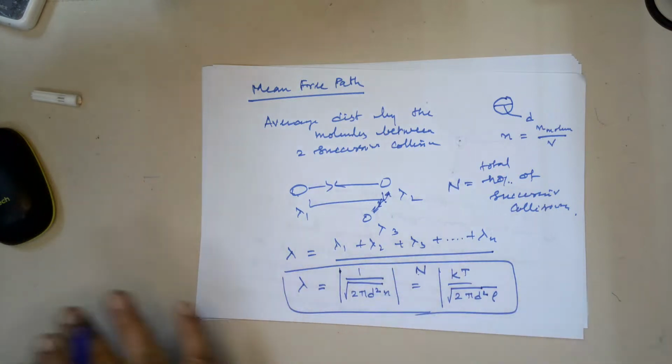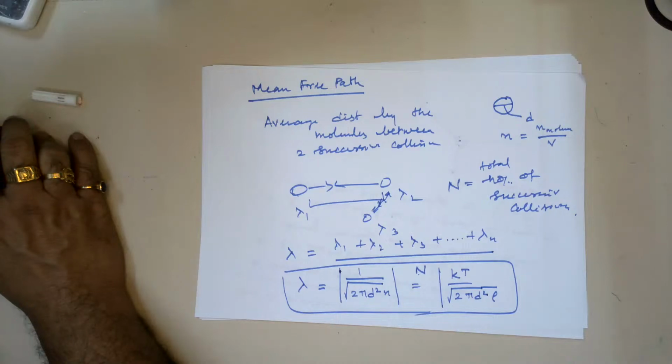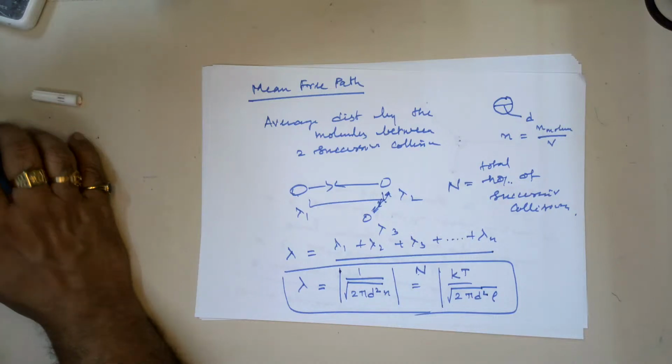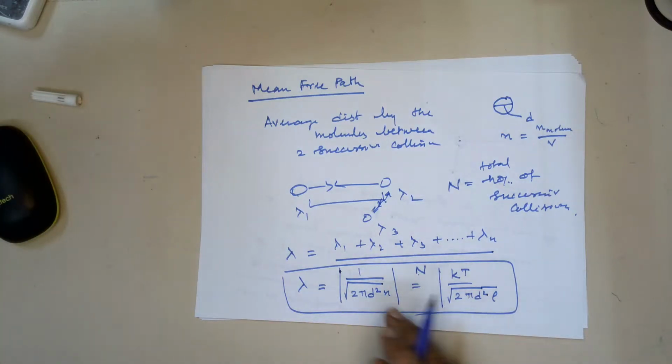So from this we can give the following statements. For example, the number of molecules per unit volume, that is represented as n. If it is smaller, then what will happen?